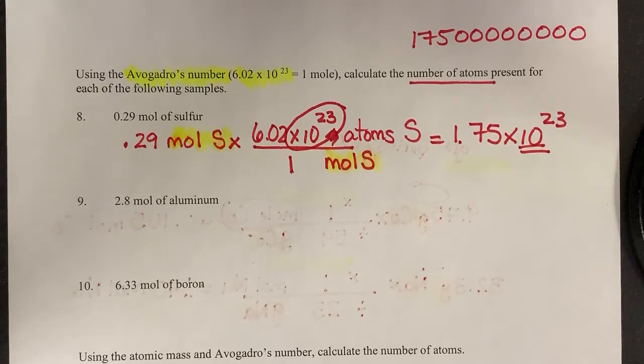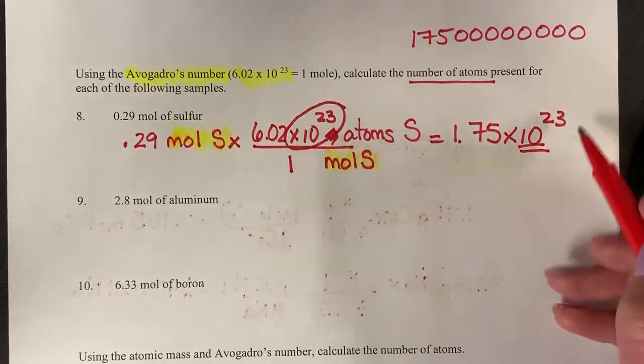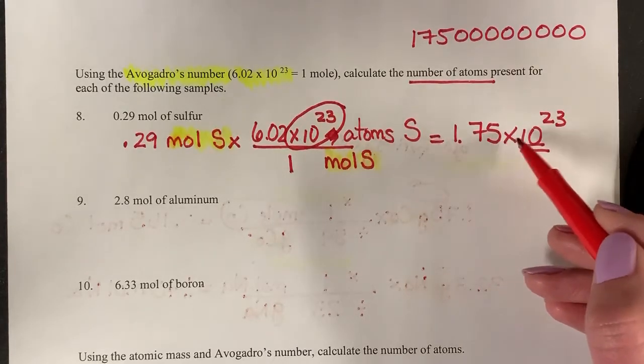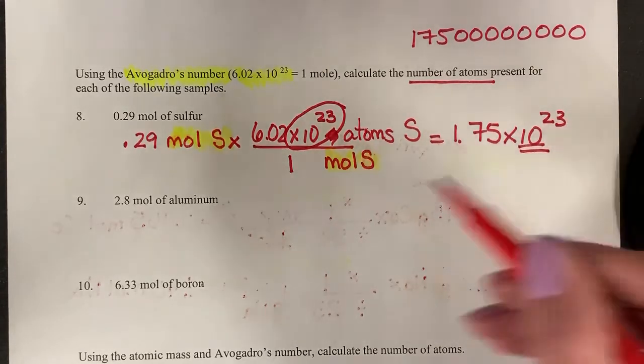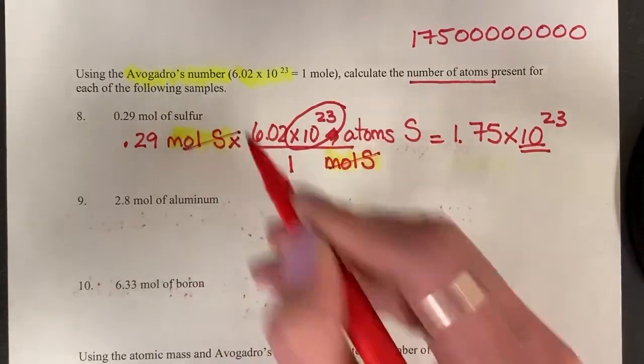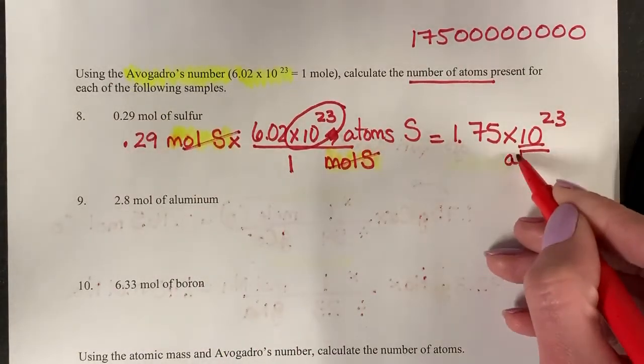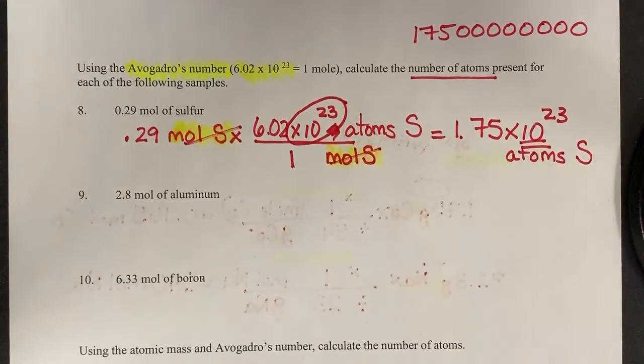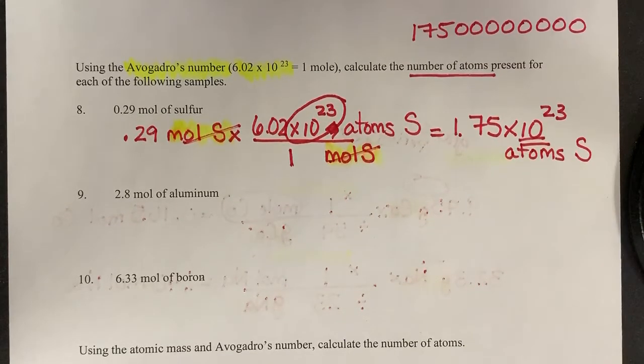You're not good, okay? Do not forget the zeros, okay? So I've got 1.75 times 10 to the 23rd. My moles canceled out. I'm left with atoms, okay? Take a second and try number 9.